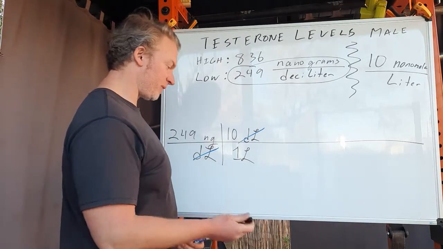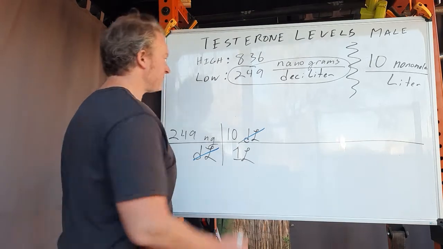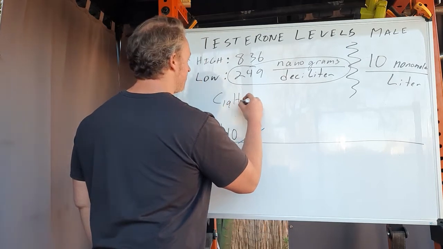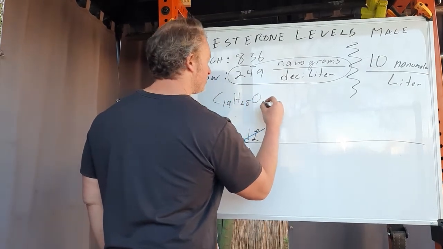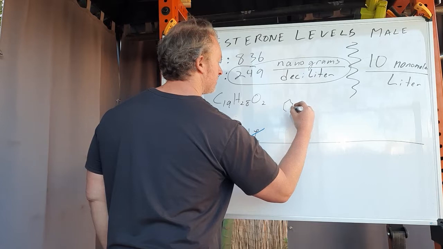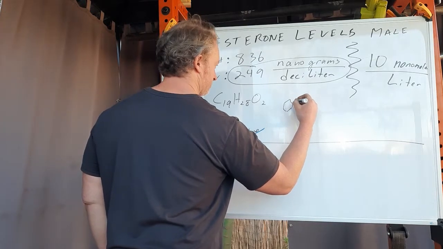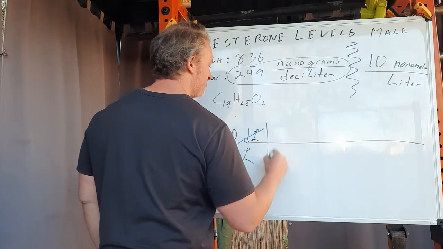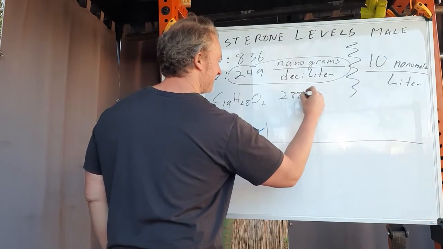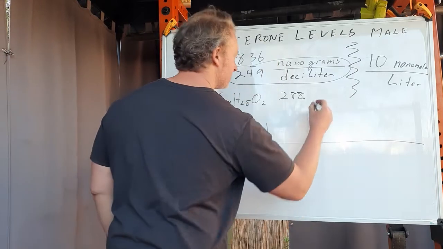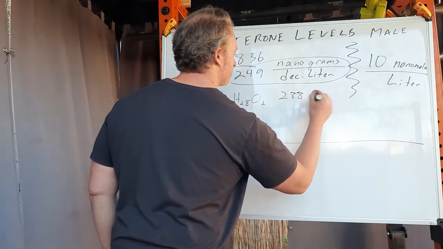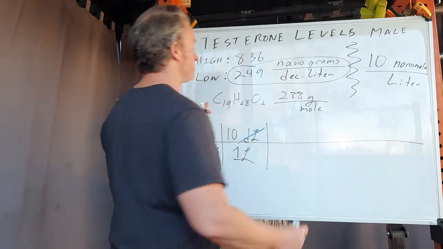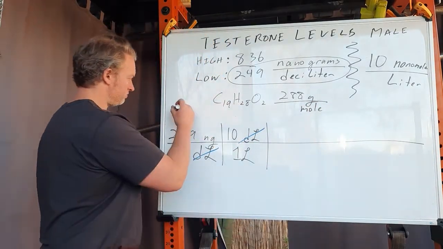It has a molecular weight of 288. I'm not going to try to draw that right now, but let's just say 288 grams per mole. That is the molecular weight of testosterone.